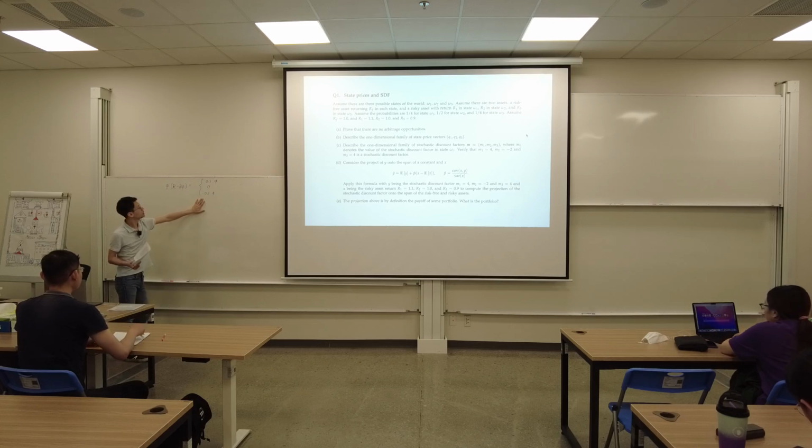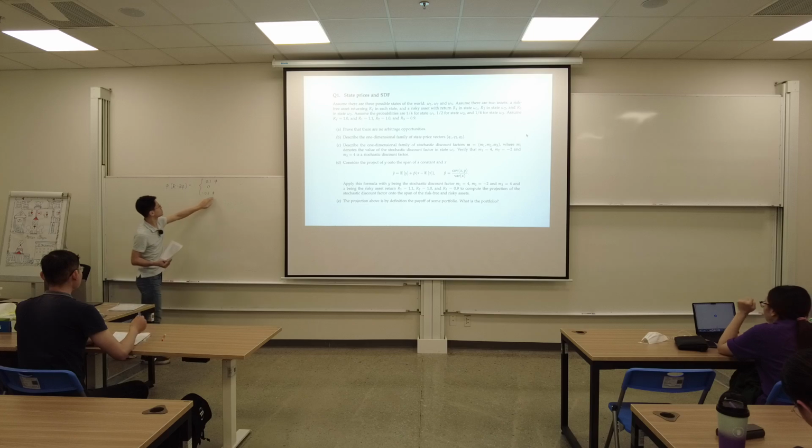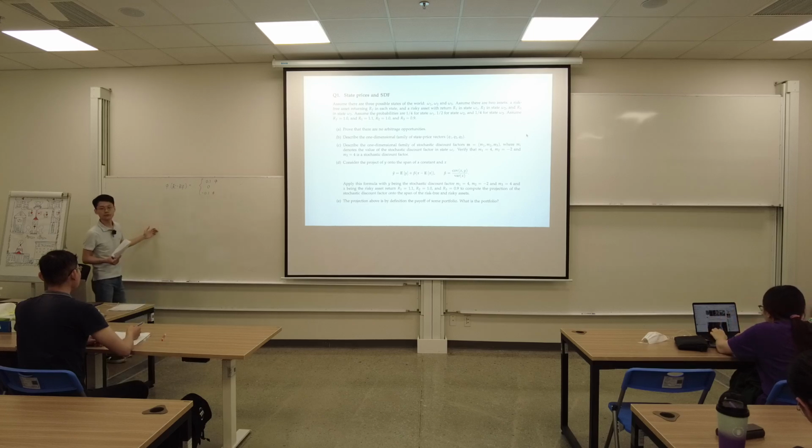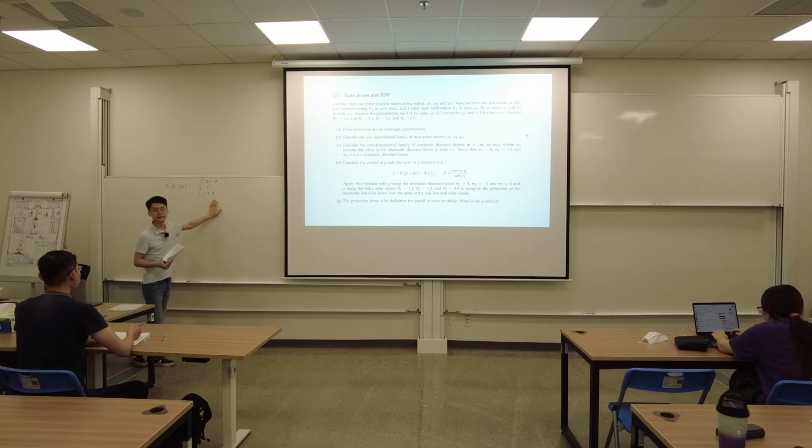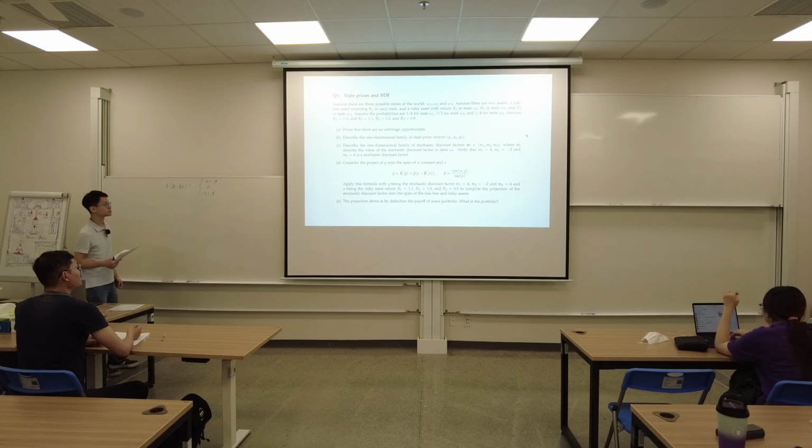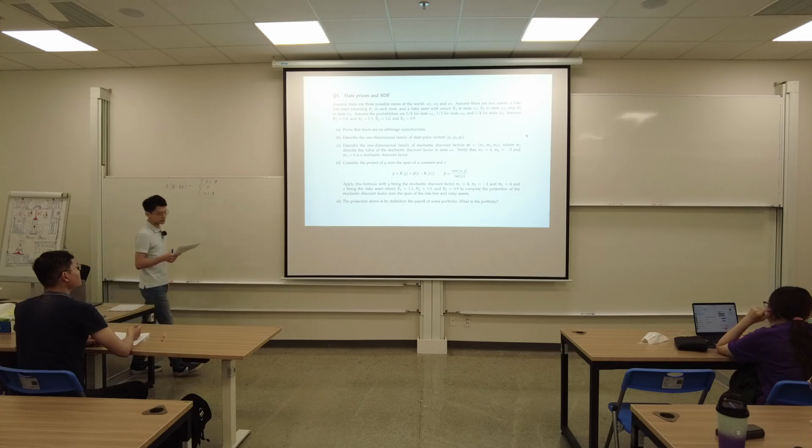So it is not possible for us to choose a phi such that the payoff is non-negative and at the same time positive in some states. So there is no arbitrage in this economy. We cannot form an arbitrage portfolio. This is the first part.